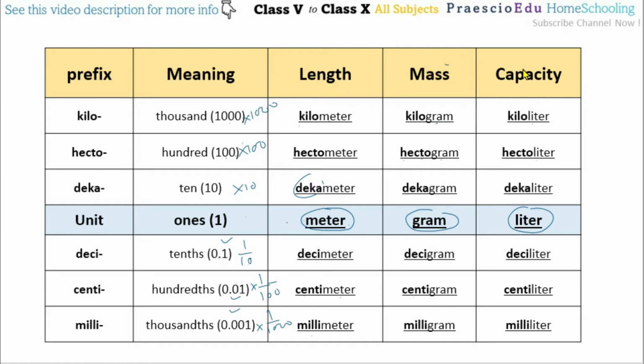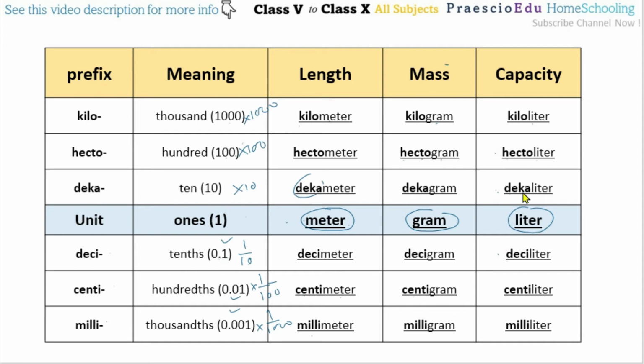So please understand hecto also, because sometimes questions ask about the hectometer, decameter or decimeter or centimeter. Mostly millimeter, meter and kilometer, or kiloliter, liter, milliliter, these are very general. But many times questions related to hecto, deca and deci are asked in our exams.